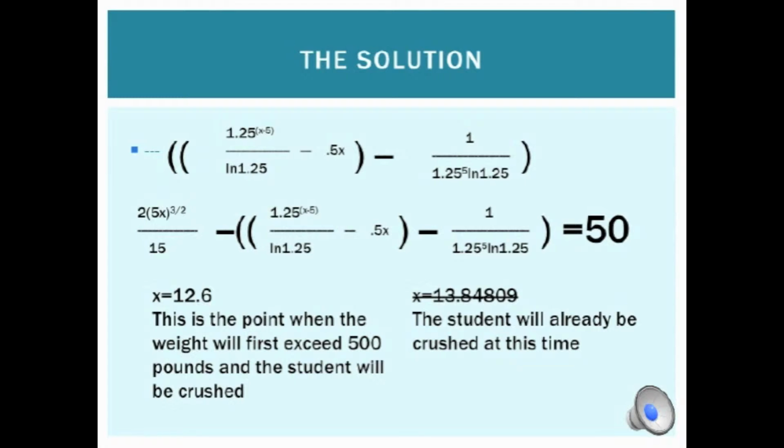X is equal to 12.6. This is the point when the weight will first exceed 500 pounds and the student will be crushed.